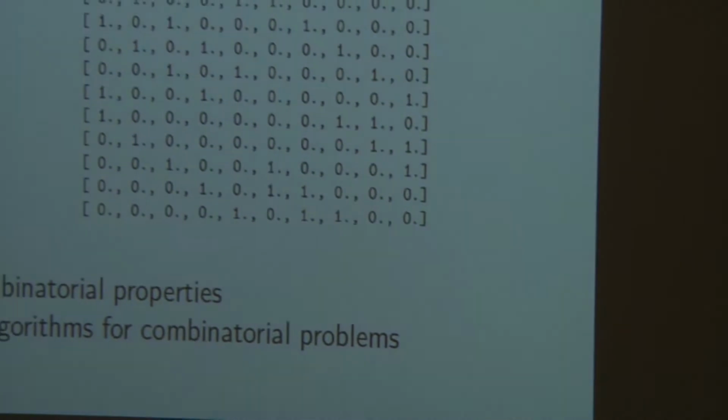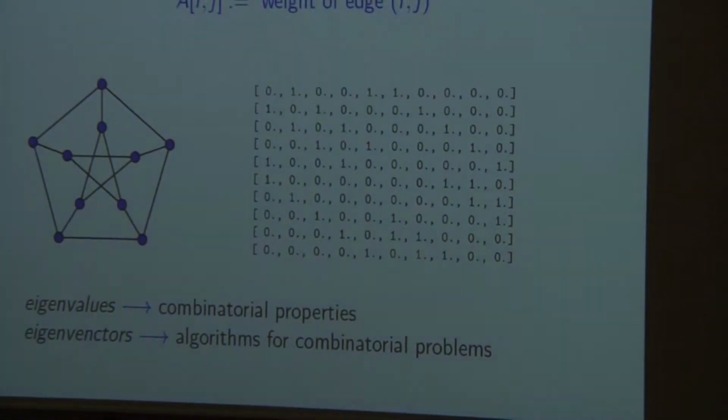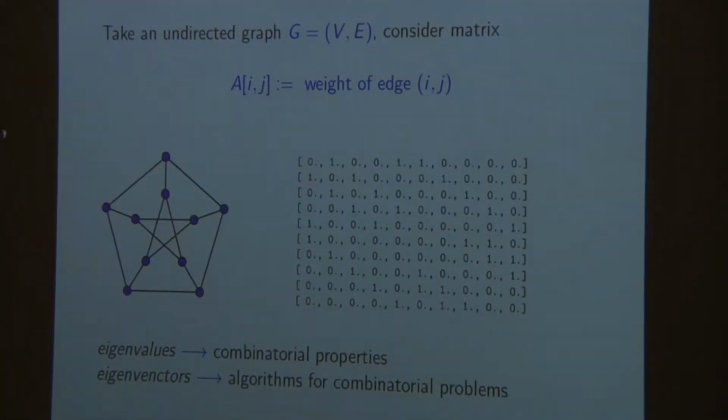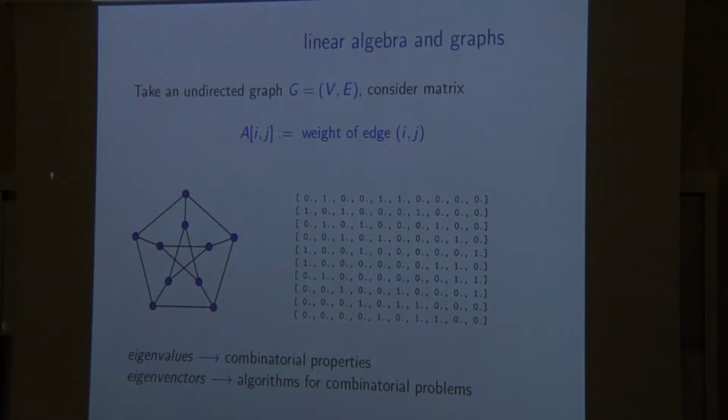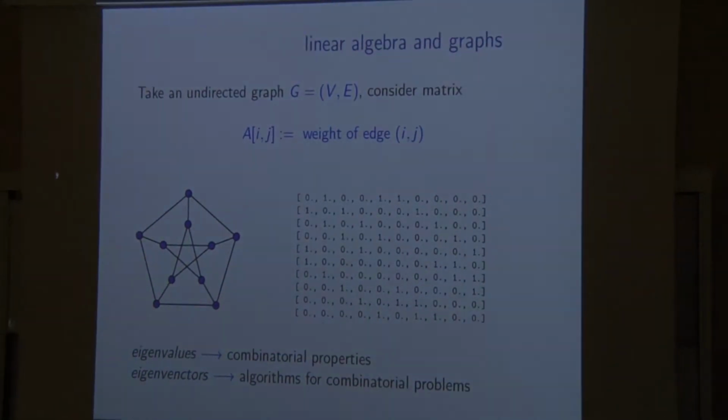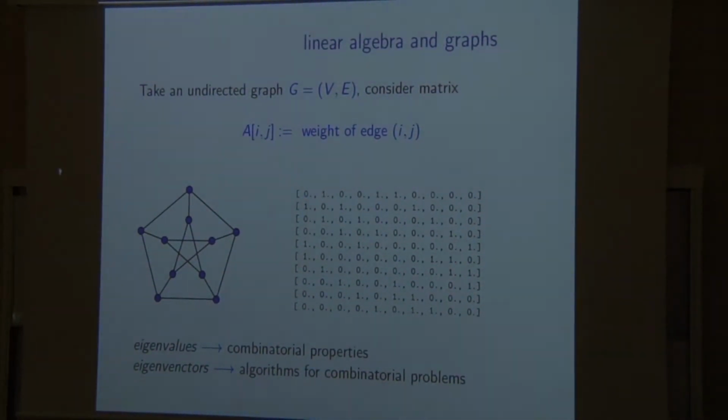And already for this matrix, although I will define a different one that is more useful in some applications, there are some connections between the numerical values of the eigenvalues of this matrix and purely combinatorial properties of a graph. And many of those connections are proved constructively in such a way that if you're given the eigenvectors of this matrix, you can use them to design graph algorithms that solve various purely combinatorial problems, exactly or approximately as the case may be.